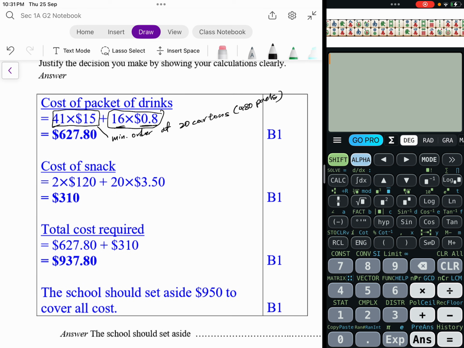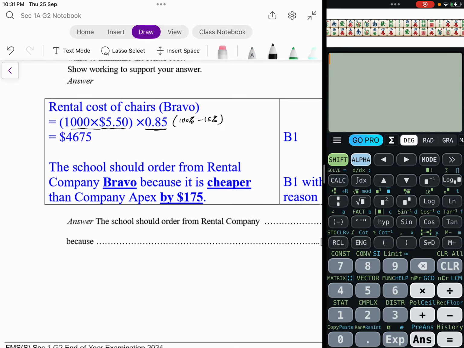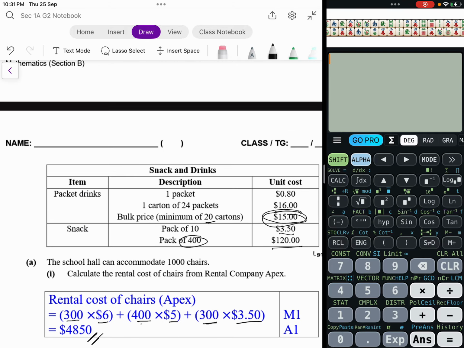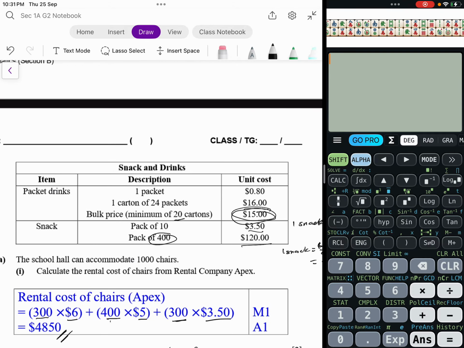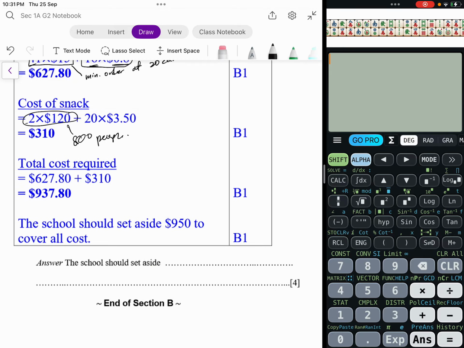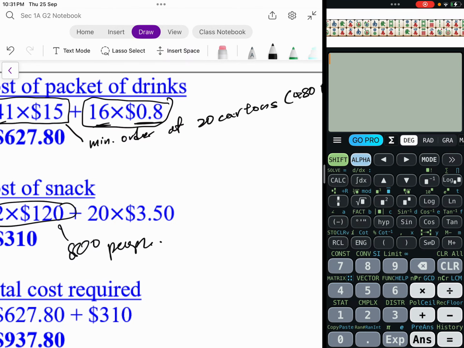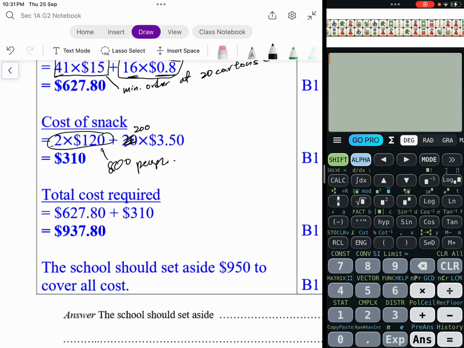So 2 times 120. So this amount is for 800 people, correct? 120, yeah, 400. Then this one shouldn't be 20, this one should be 200, because we still need another 200 more snacks.